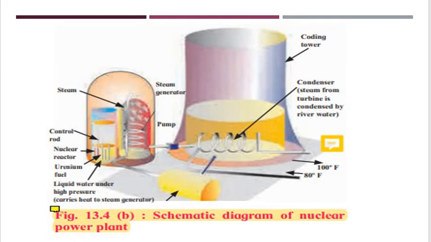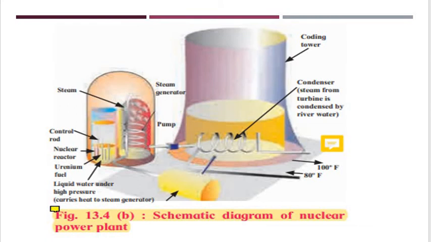Then 9 neutrons will further disintegrate another 9 uranium atom nuclei. So this is how the reaction keeps on happening, and per uranium atom we are getting energy of 200 million electron volts. So in such a way a chain is formed where the reaction started and keeps on proceeding, and the energy is released.